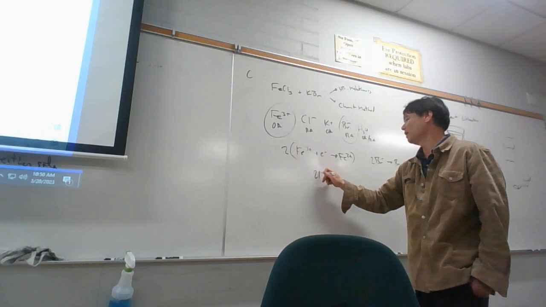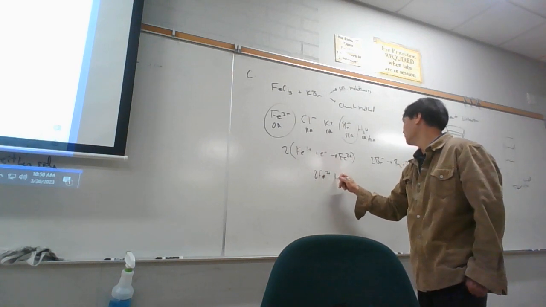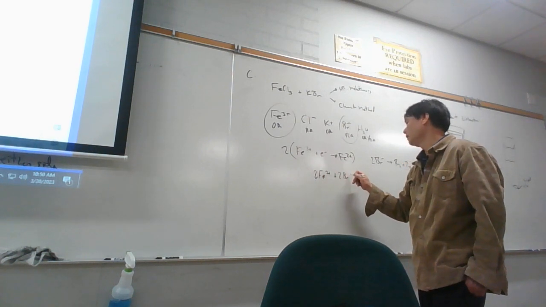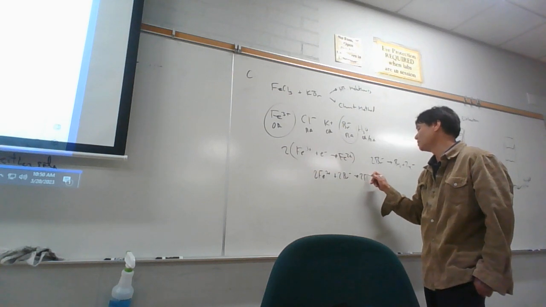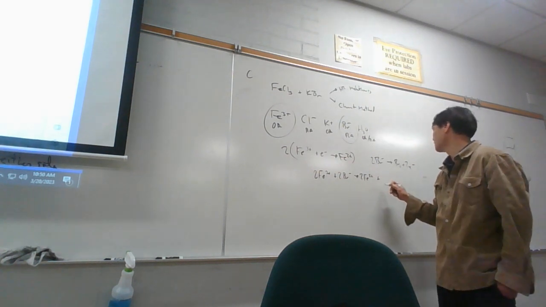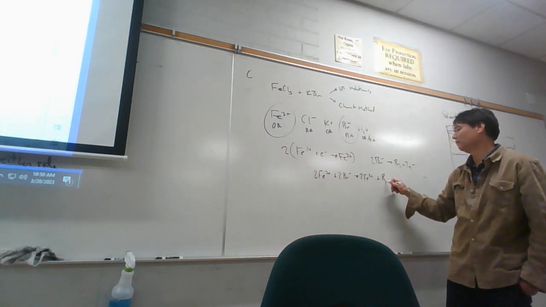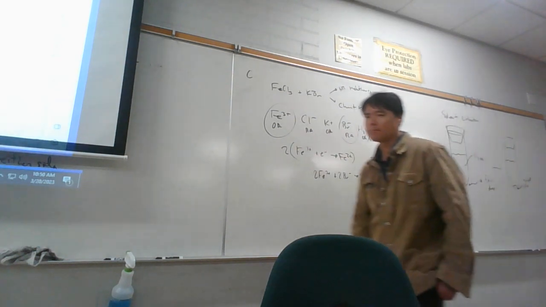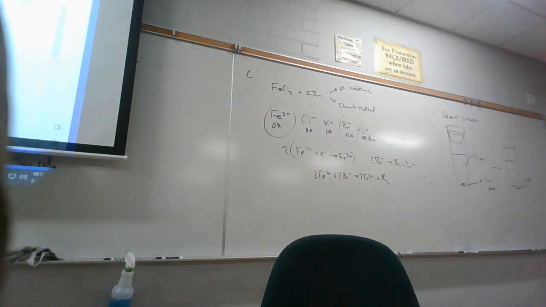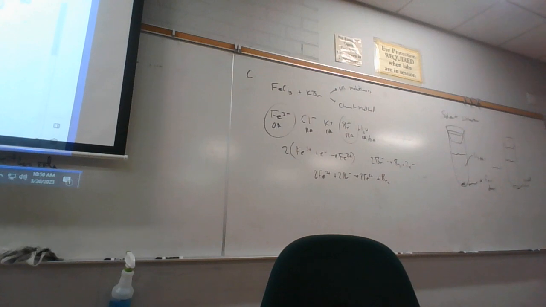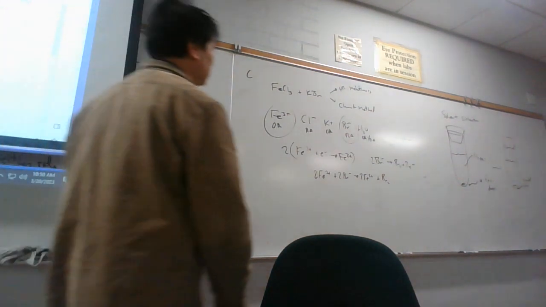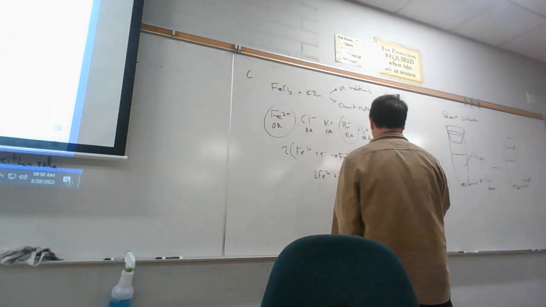And so we're going to get 2 Fe3+ plus 2 bromide produces 2 Fe2+ plus bromine. And then we'll do the solvent extraction here to see if we detect the presence of bromine.